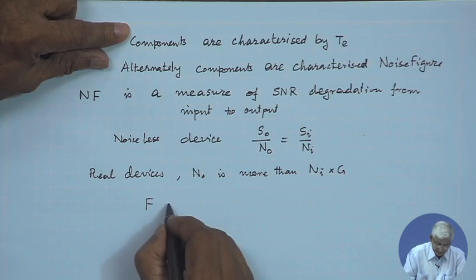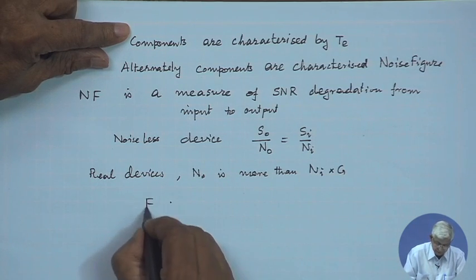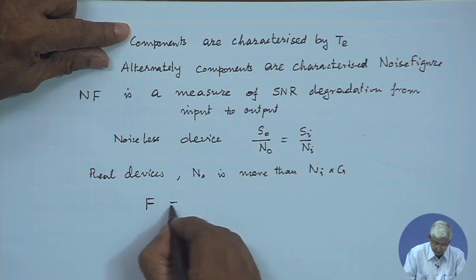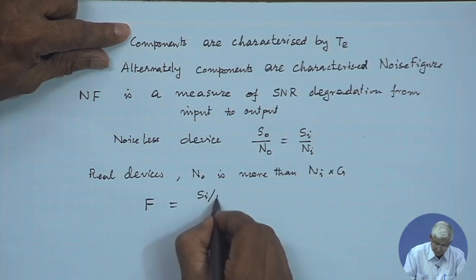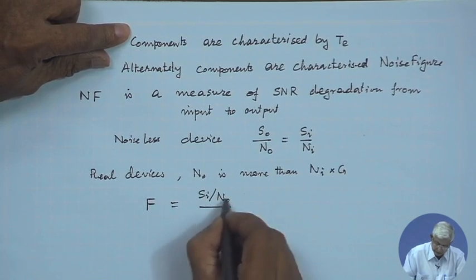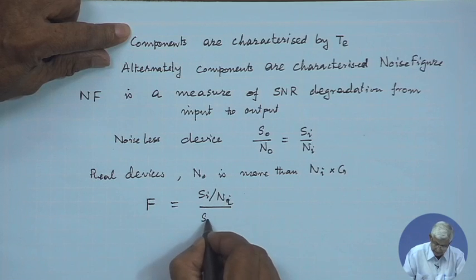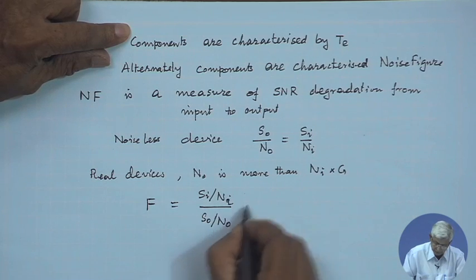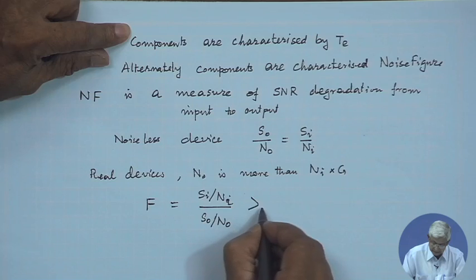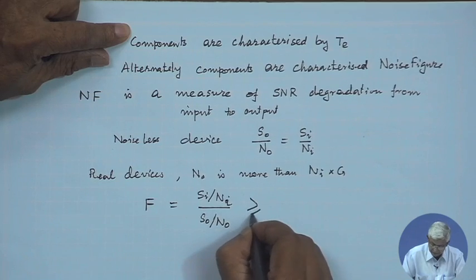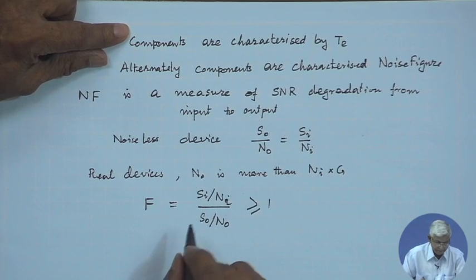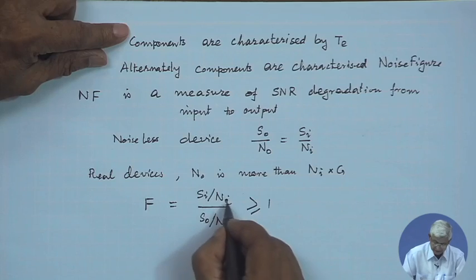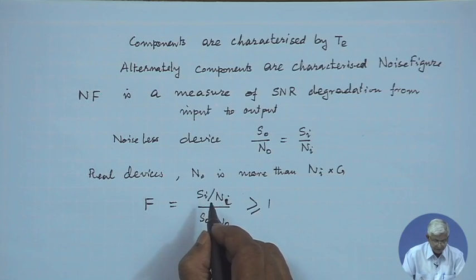So, that is the noise figure, if we denote it by F, signal to noise ratio at the input over signal to noise ratio at the output, is greater than, or in case of noiseless it is equal to, 1. This is the noise figure definition.